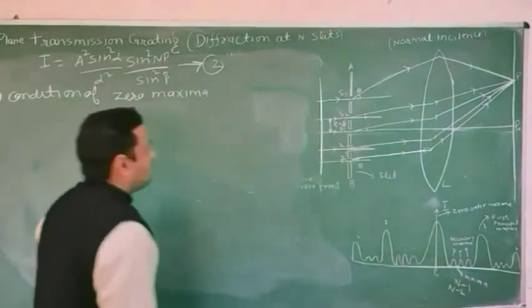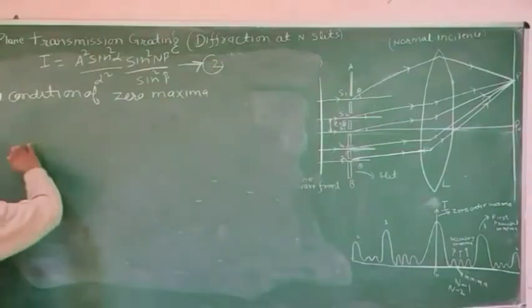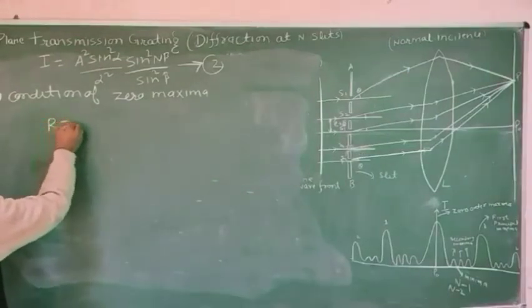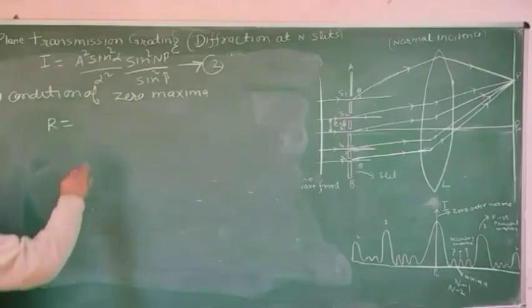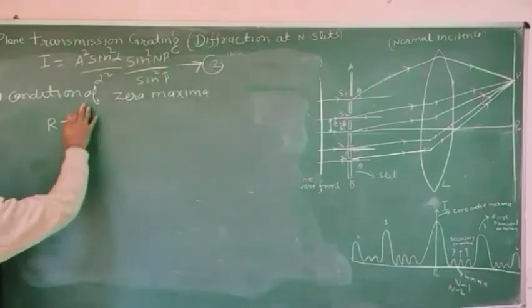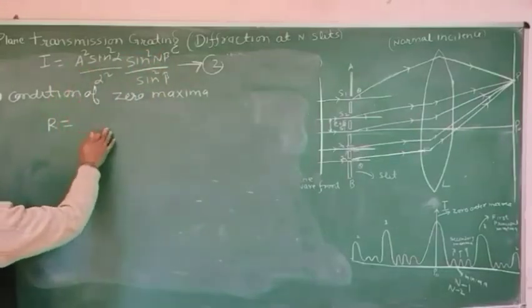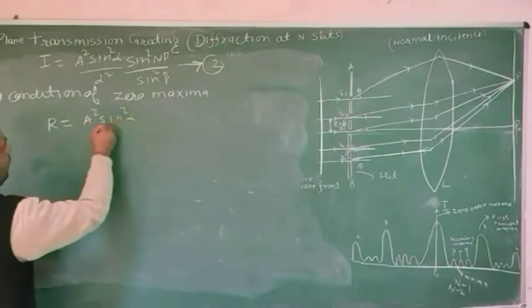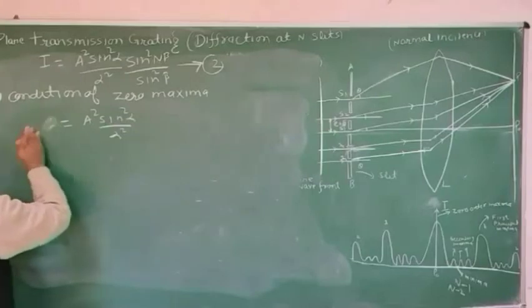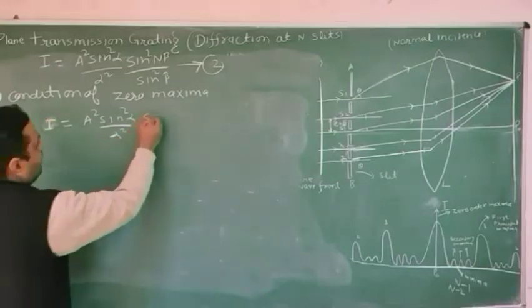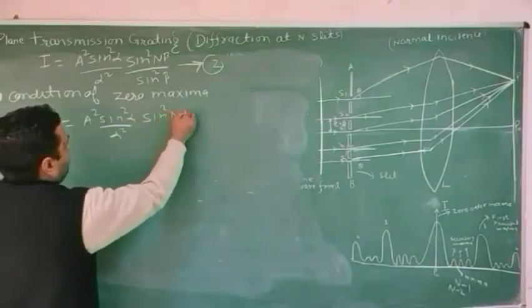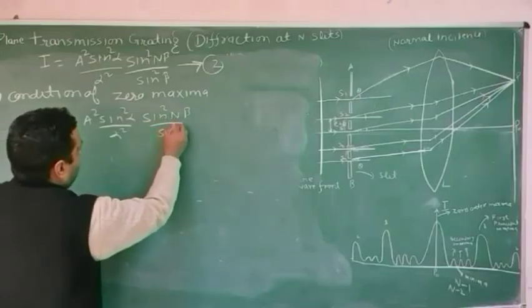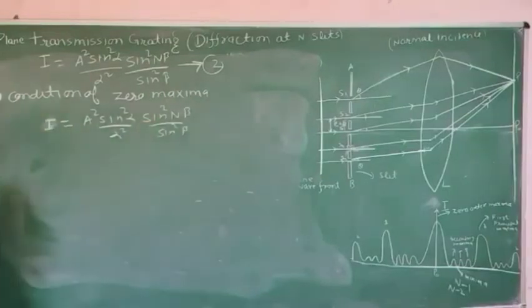At the zero maxima, the resultant will be fixed. We have seen that this resultant is A square sin square alpha upon alpha square times sin square N beta upon sin square beta. This is equation 2.